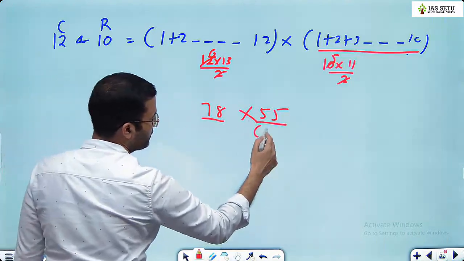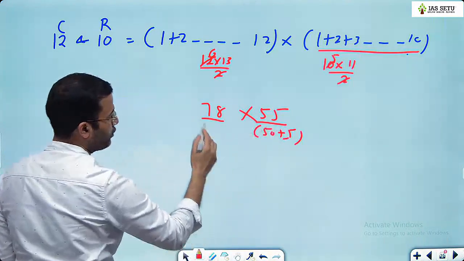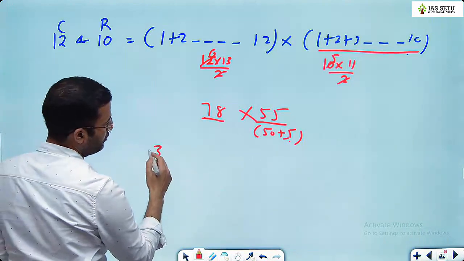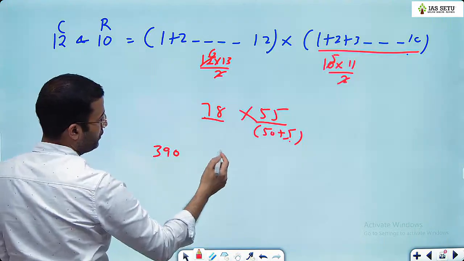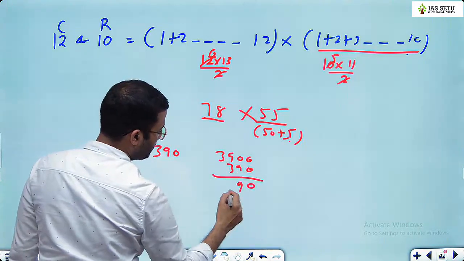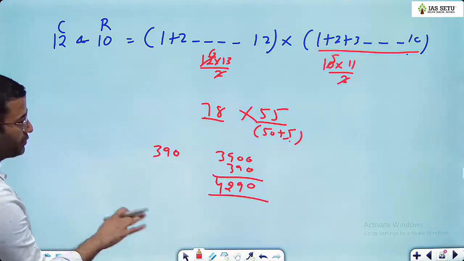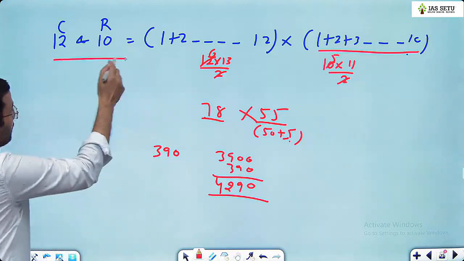You can write 55 as 50 plus 5. Either you multiply your 78 into 5, 390, and 3900, and 390, so it is 4290, or you can multiply with school calculation. So how many rectangles will be there?